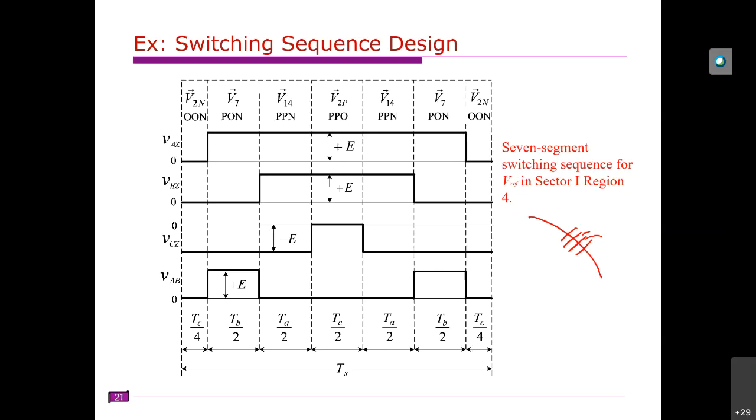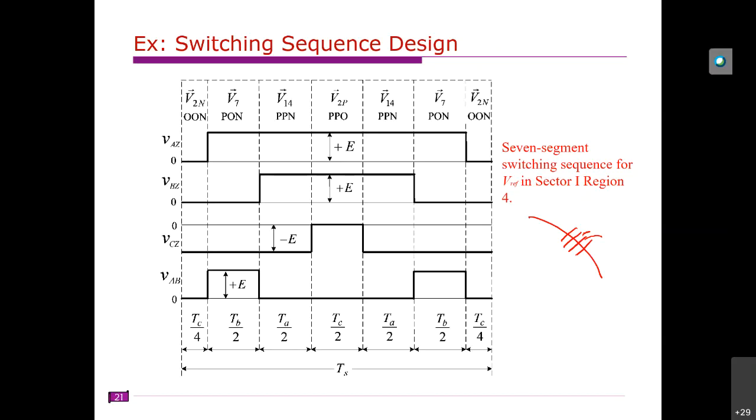The second is that when moving from one sector to another, or from one region to another, it involves no switching or minimum switchings. And the third, which is extra, is that the effect of the switching state on the neutral point voltage must be minimized.